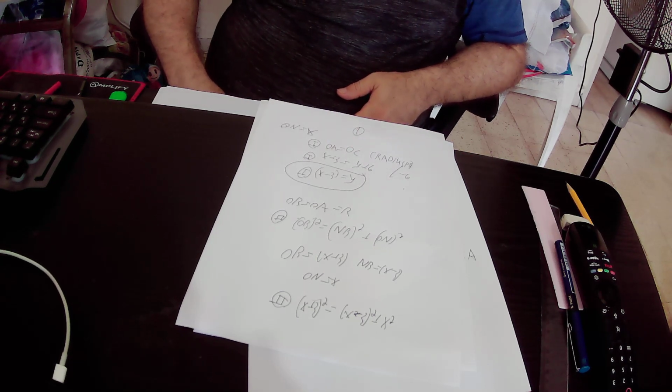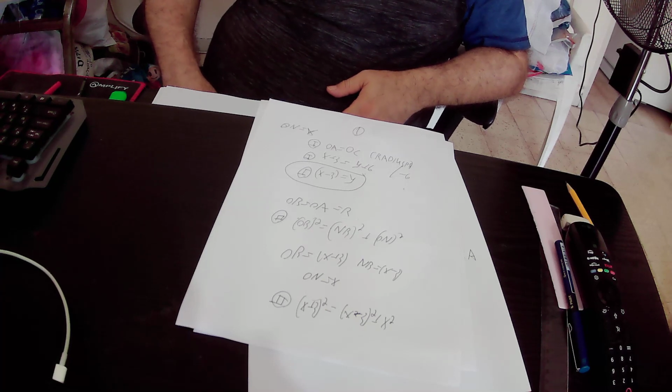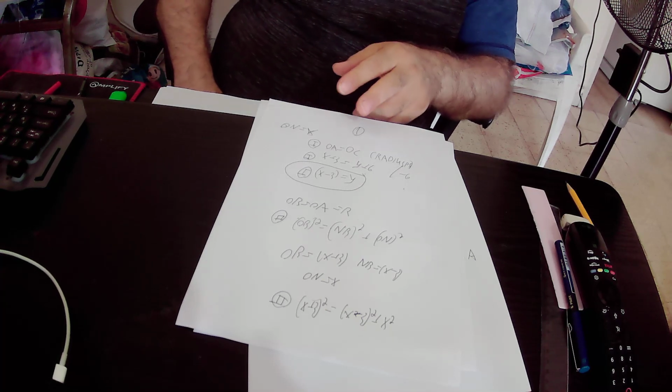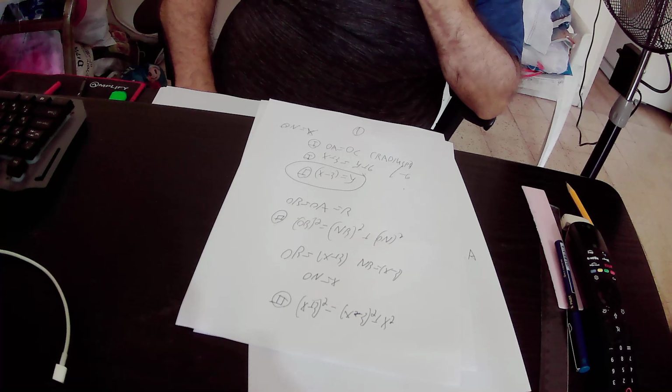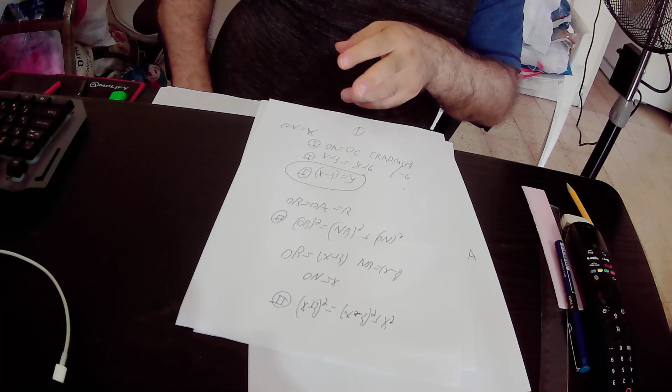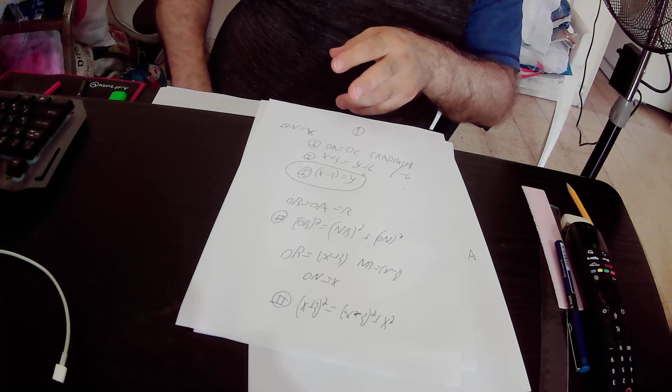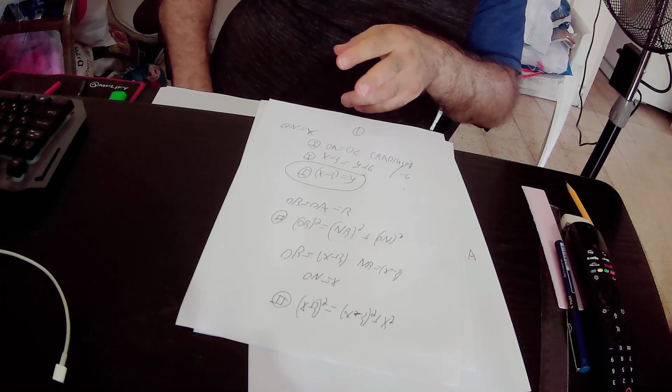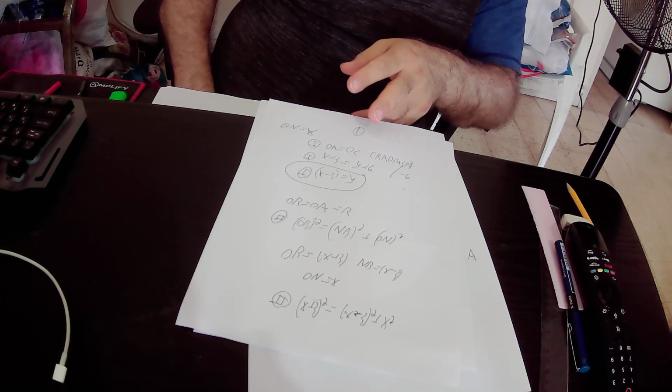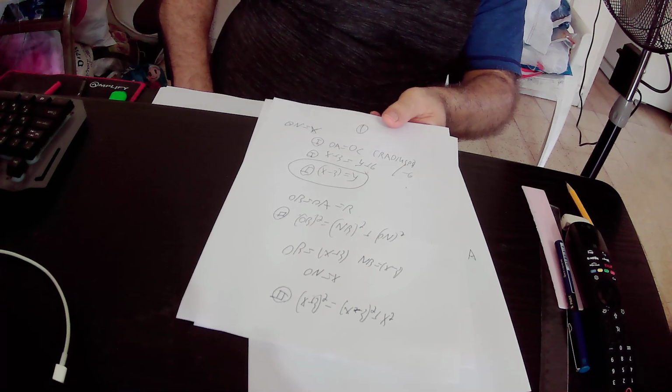So we got in equation number 1 that x plus 3 equals y plus 6, and equation number 1 states that y equals x minus 3.